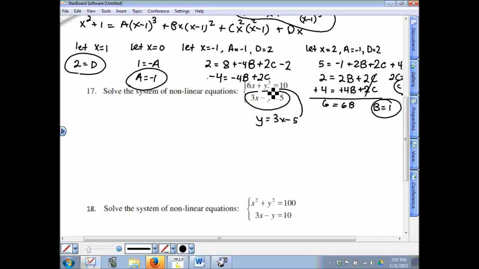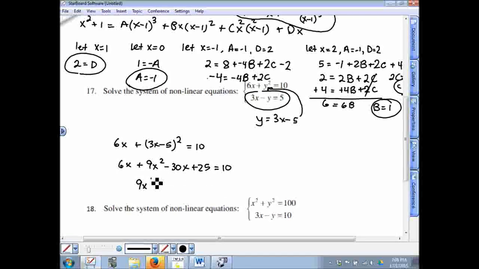So if you plug that into there, we're going to have 6x. Instead of plus y squared, it's going to be 3x minus 5 squared. That's equal to 10. 3x minus 5 squared is 9x squared minus 30x plus 25.